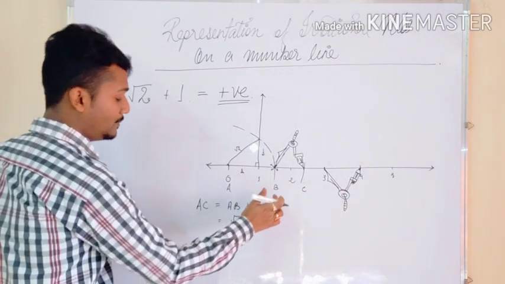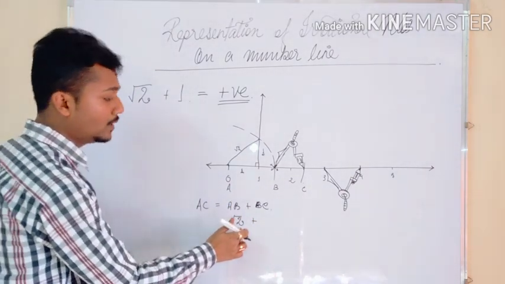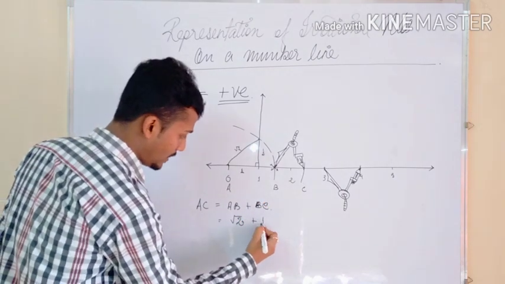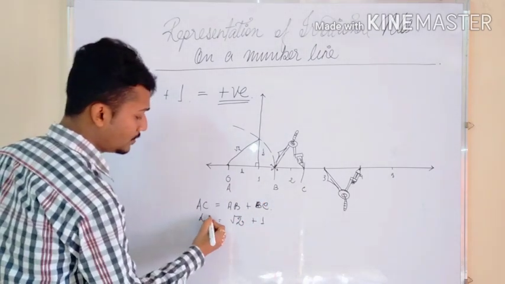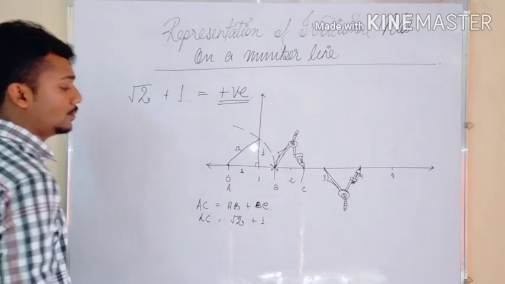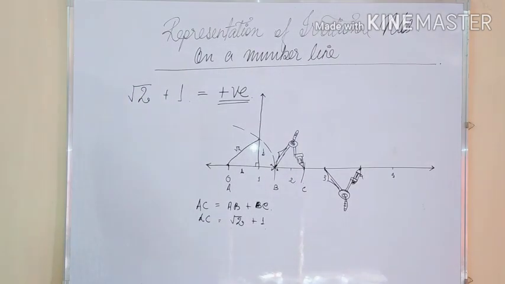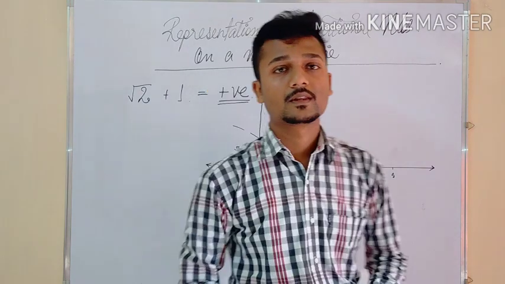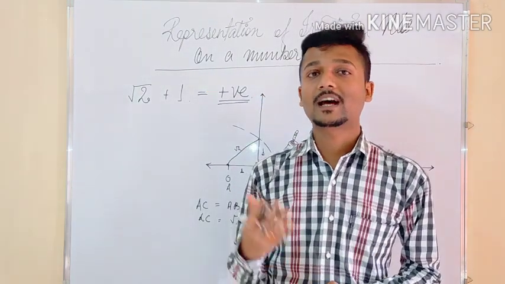AB is equal to root 2 and BC is equal to 1. That means AC is equal to root 2 plus 1. Is that clear? Note it down. Now next we will try with another example.